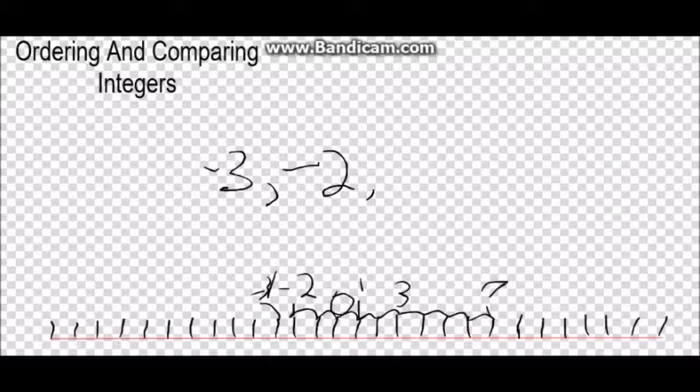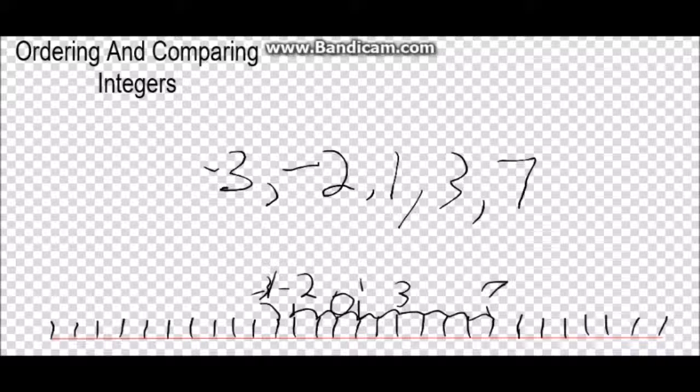It was just because I had 0 in the question last time. So then we have 1, then 3, and then 7. Those are your numbers in order. Also, you can have them in the other order, from greatest to least, so 7, 3, 1, -2, and -3.